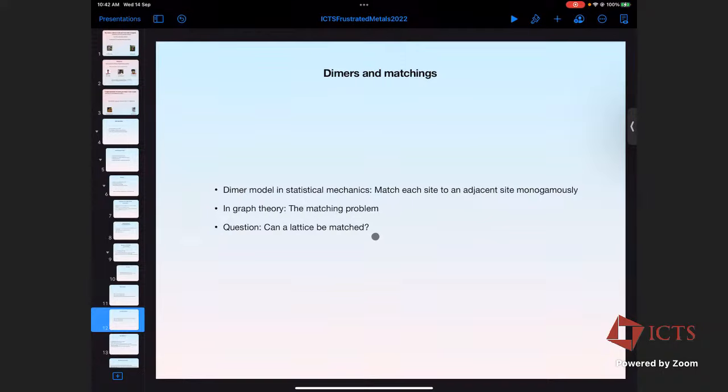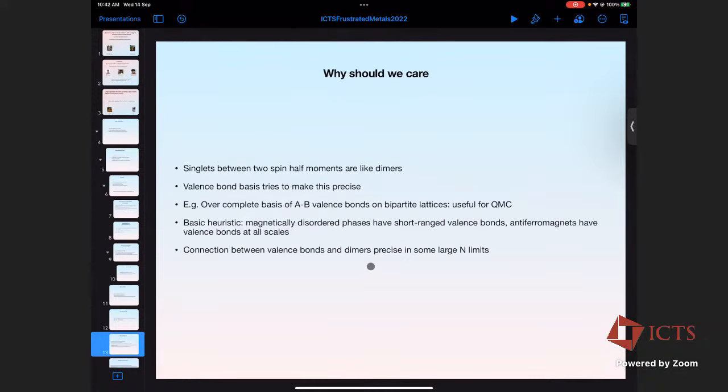I'm trying to stitch together some sort of work in StatMech with some consequences in magnetism, right? Let me just say this again carefully. So why should we care?